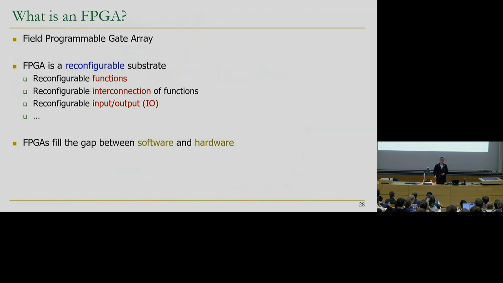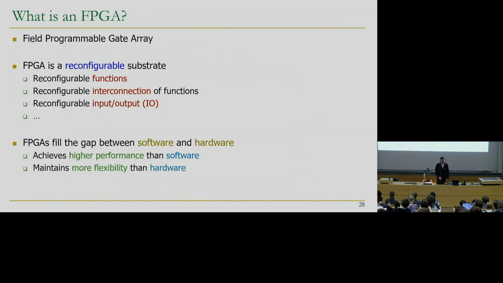But using FPGAs, you can develop your own hardware solution very quickly and have it implemented for a very low cost compared to designing an ASIC, designing an actual chip and getting it fabbed.